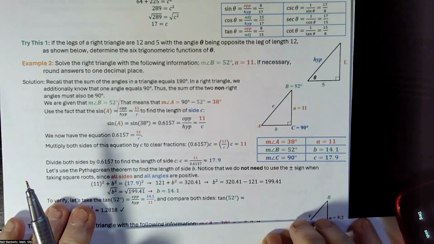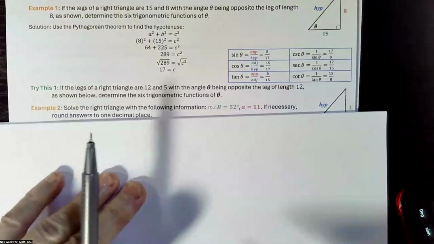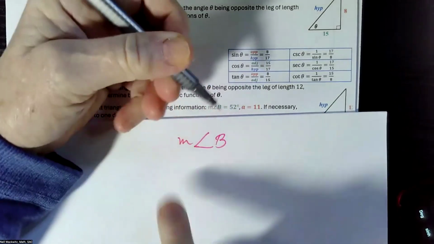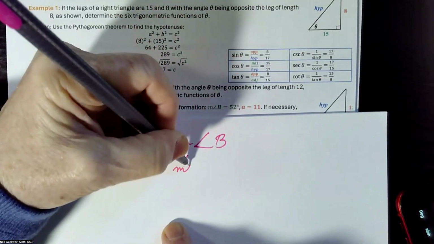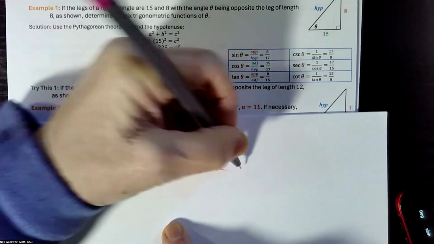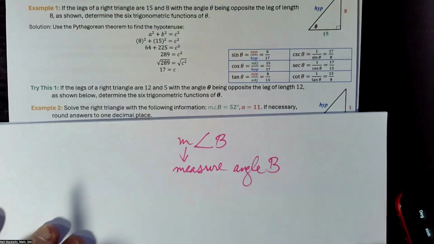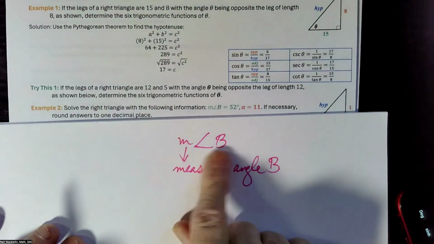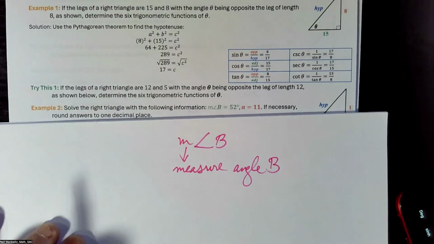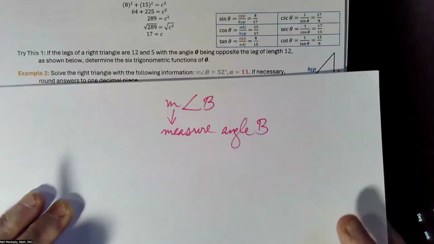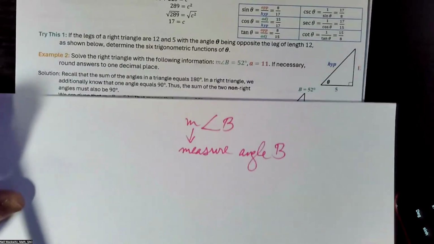But we're still going to include that in our information. And let me go ahead and explain this. This m of angle B says the measure of angle B. So we're going to use this notation from now on. And right now we're looking at right triangles, but we're about to look at triangles that don't necessarily have right angles.